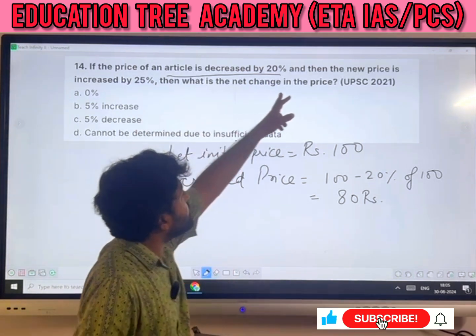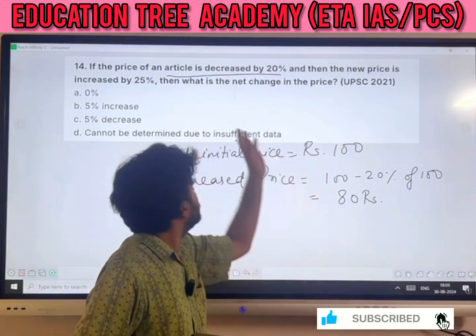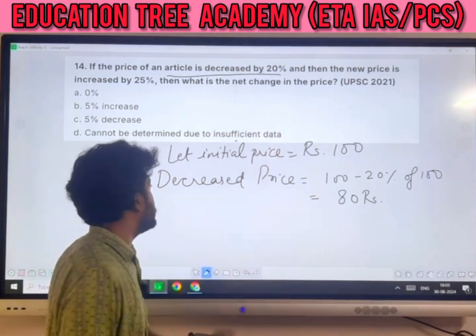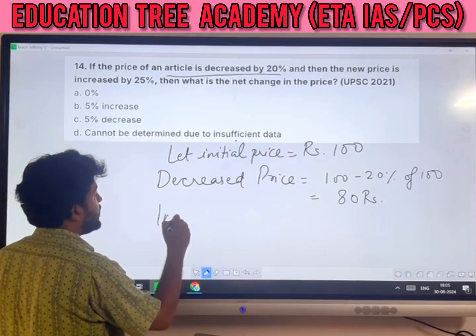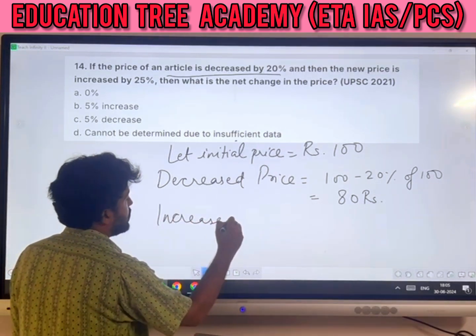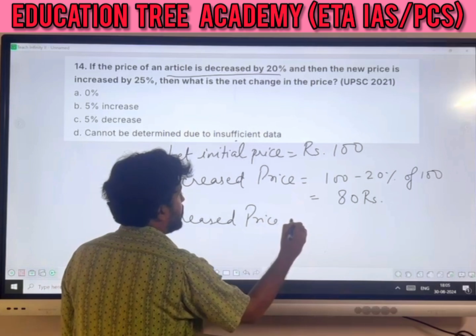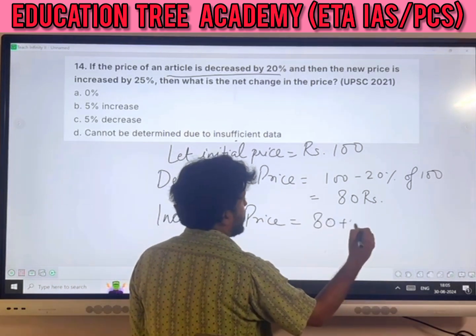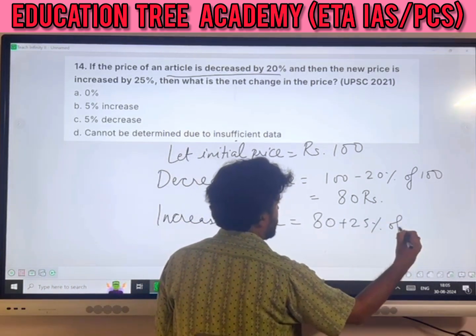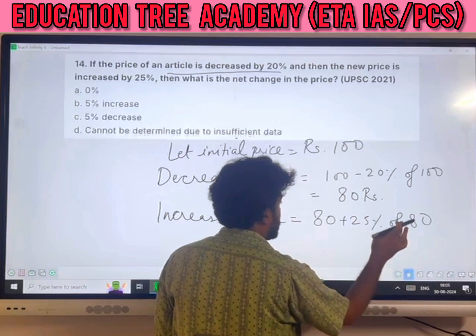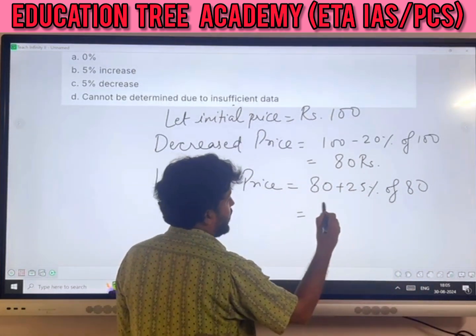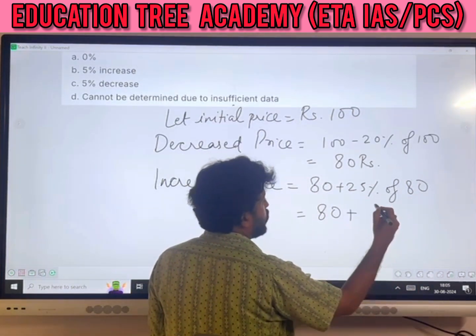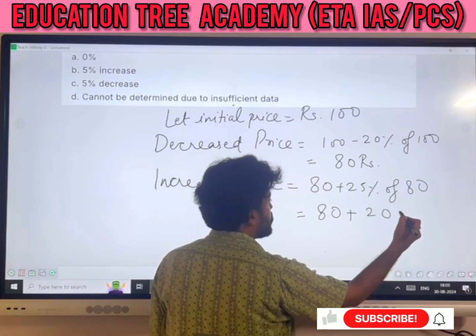After that it says that the new price, which is this one, is increased by 25%. So the increased price now will be 80 plus 25% of 80, and 25% of 80 is 20.